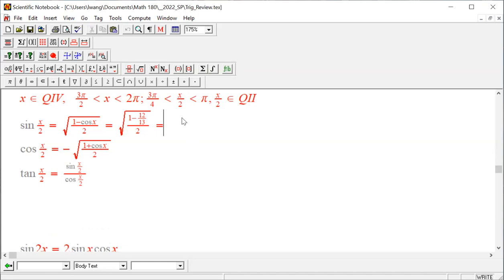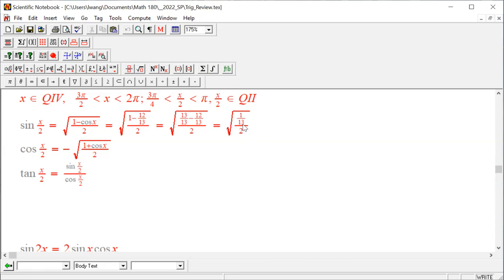All right, so now we've got the common denominator, which is going to be 13/13, subtracting 12/13. And that's going to be 1/13, right? So that's 1/13. 1/13 divided by 2.